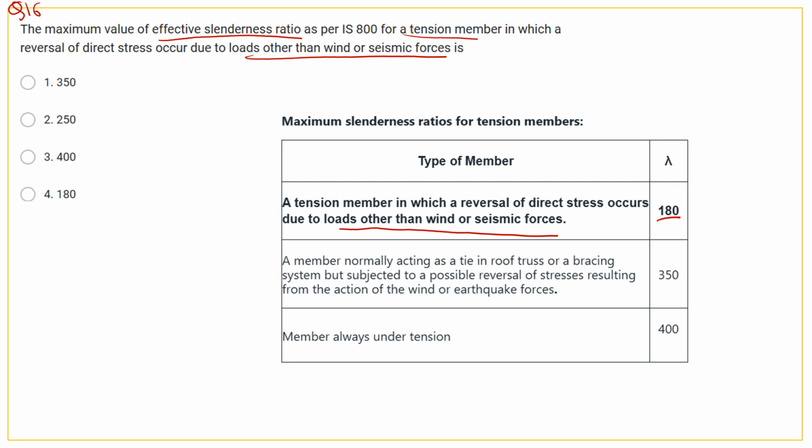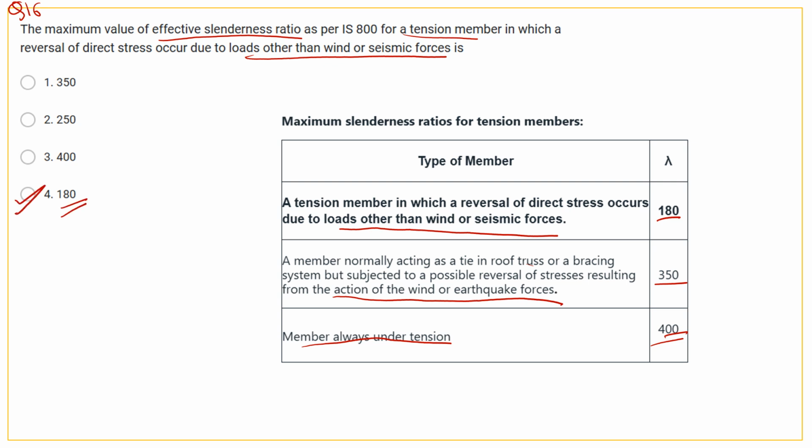Members normally acting as a tie in roof trusses or in bracing, and that are subjected to reversal of the action of wind or earthquake load, have a slenderness ratio of 350, and if the members are always under tension, then the slenderness ratio is 400. So here in the question they ask about loads other than wind or seismic forces. Then option D is correct, which is 180.